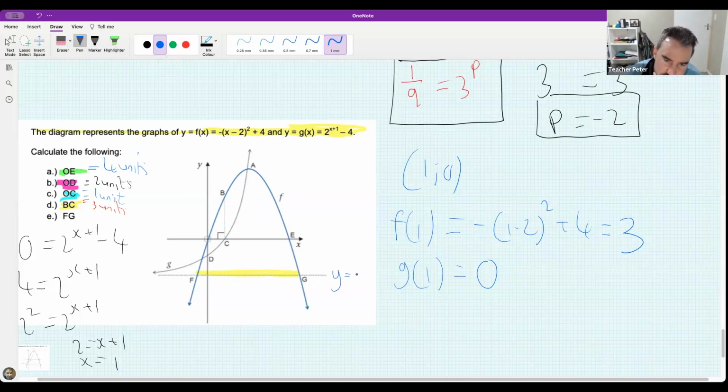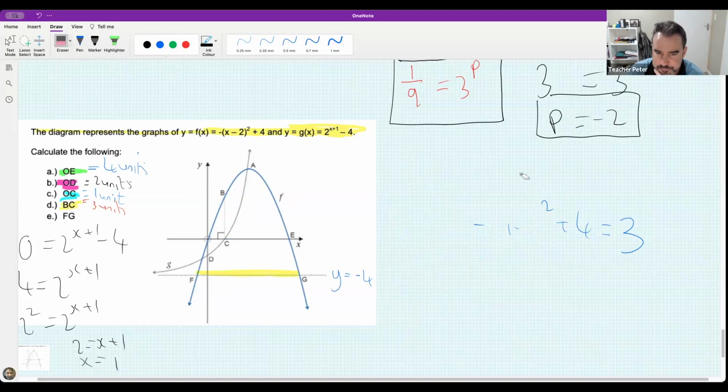So this is the line y equals minus 4. Now, what I want to do is work backwards and know what x value goes with minus 4 over here, and what x value goes with minus 4 over here, and then I can find the distance.